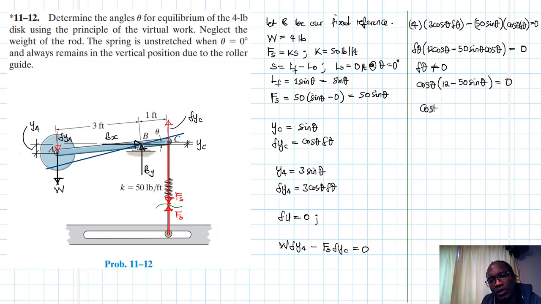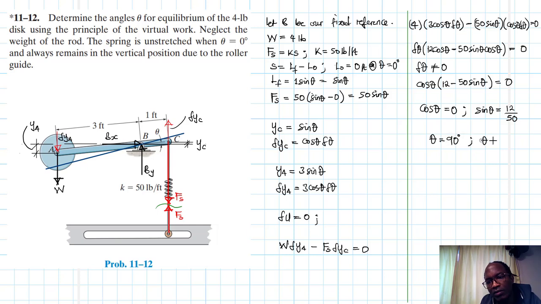So we have cos theta equal to 0. We have also sin theta equal to 12 divided by 50. So in one case we have theta equal to 90 degrees.